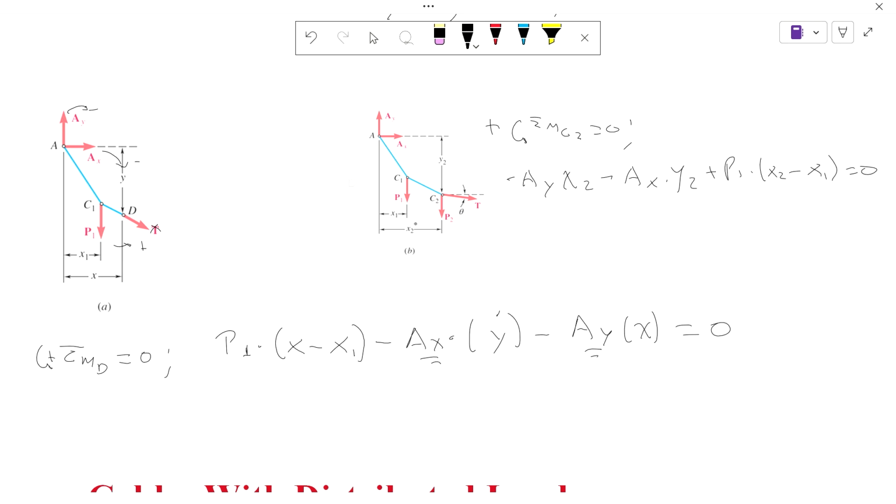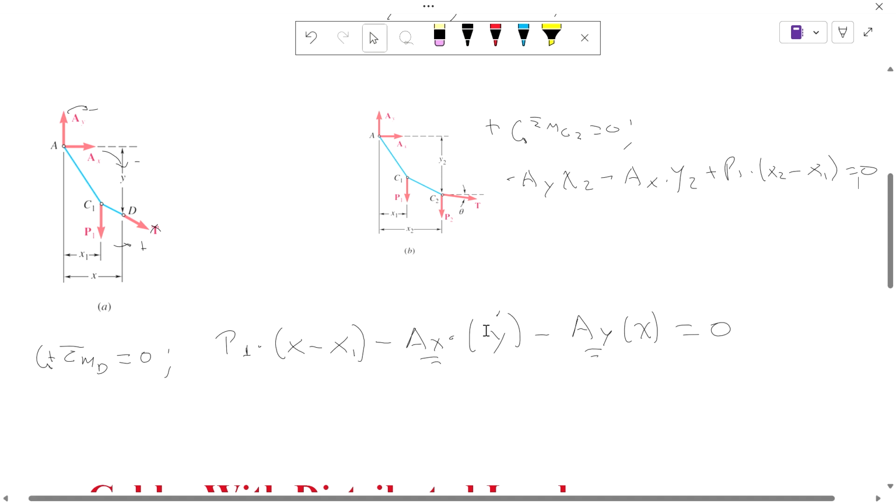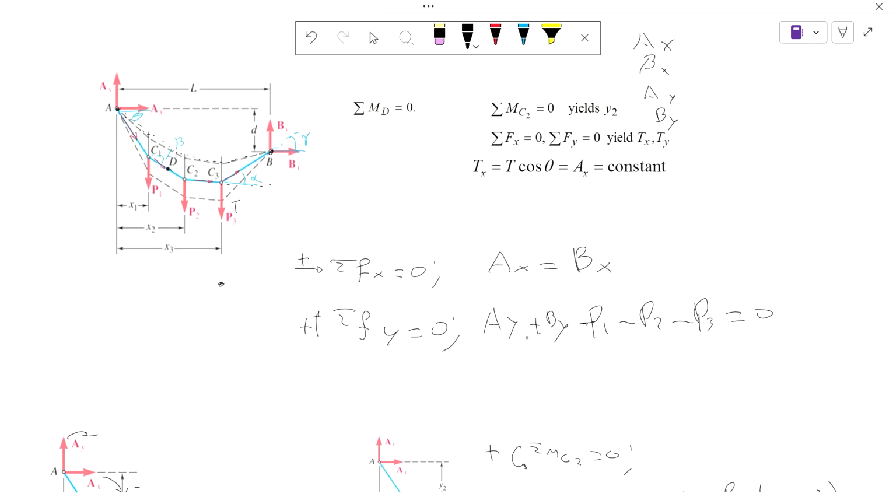From here, we know x2, x1, and y2. Again, if you don't know any of those, then you set up the equation and keep building your system of equations. So from here, if we do know y2, then we have one equation where the unknowns are ay and ax. And if you remember, there's an equation right here where the unknowns are ay and by.